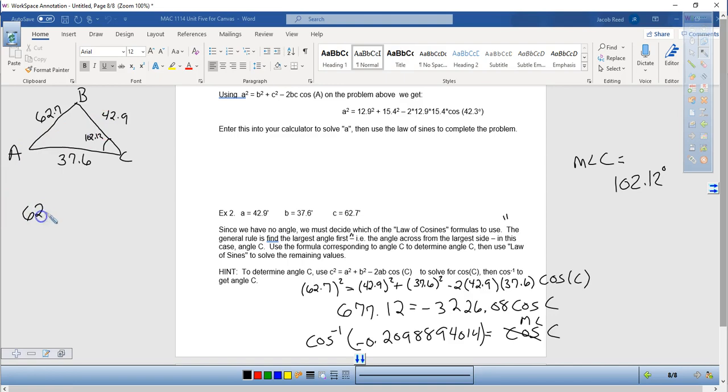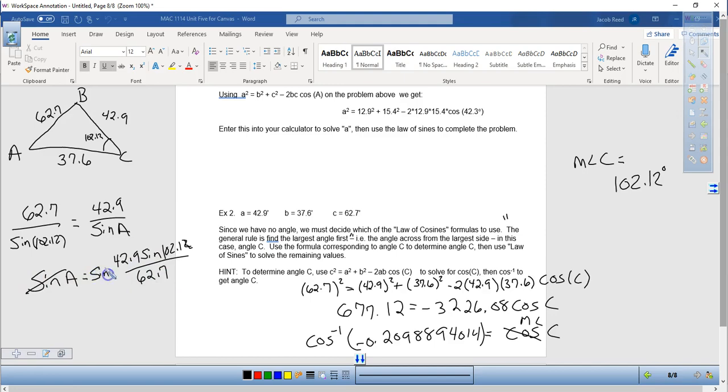So 62.7 over sine of 102.12 is 42.9 over sine of angle A, which means that sine of angle A is equal to 42.9 sine 102.12 over 62.7.